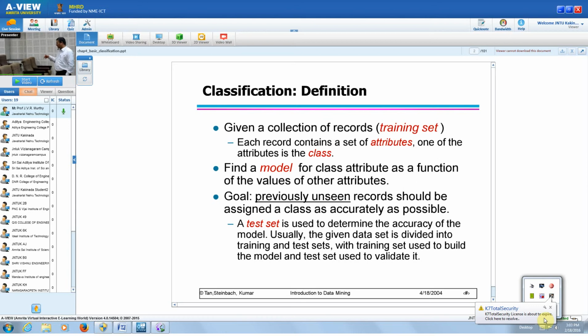Then for the remaining 20,000, you know the class label, but you pretend that you do not know it. So using the rules which you have derived from the 30,000 records, you will apply them to the remaining 20,000 records. Got my point?